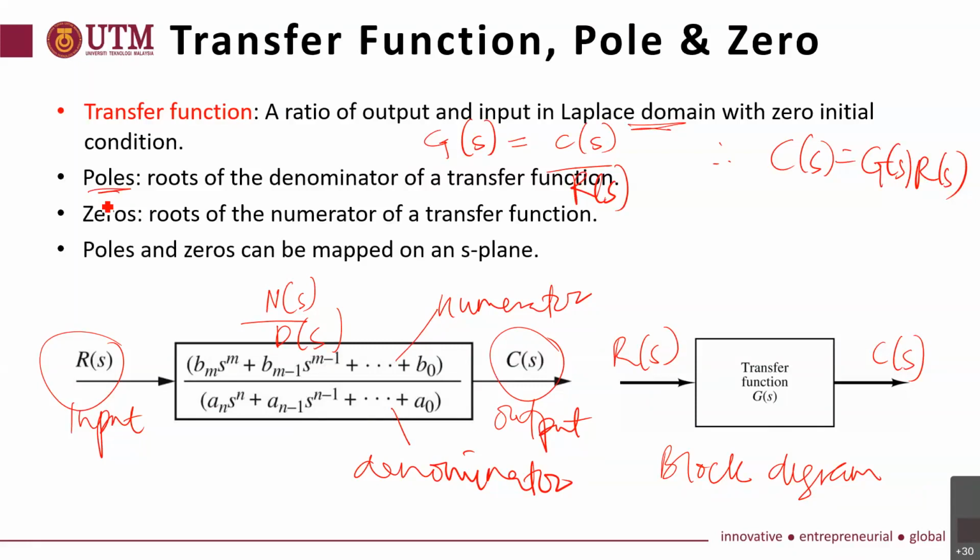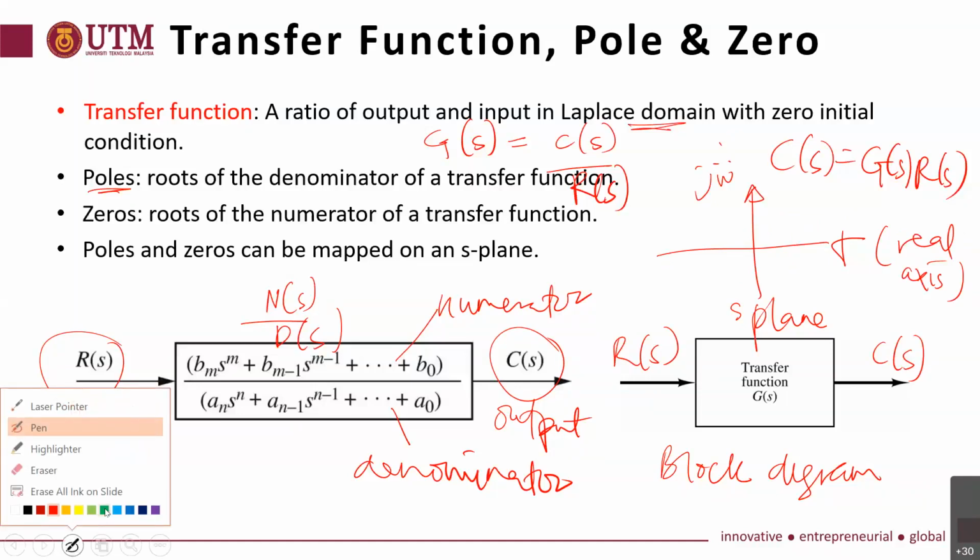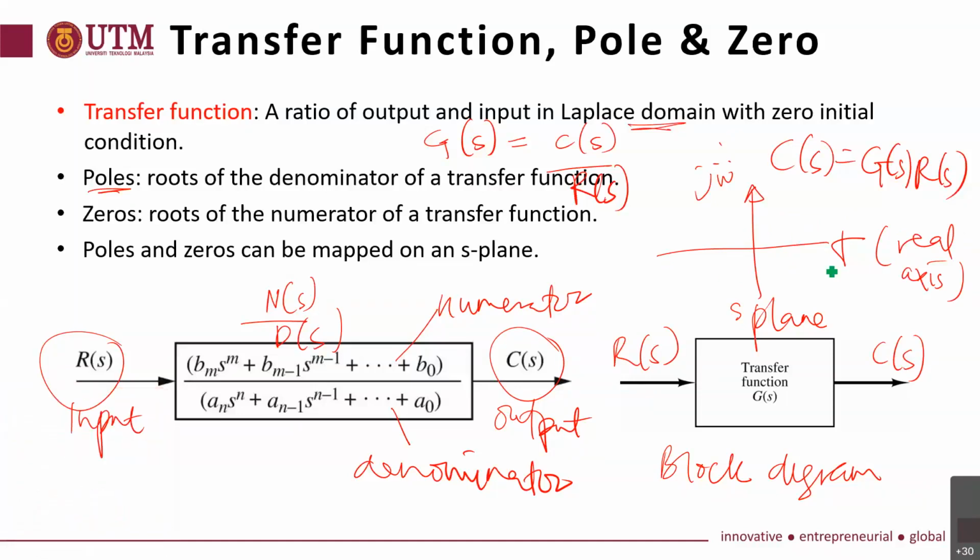And poles and zeros can be plotted on the S-plane. We have S-plane, we have sigma, which is the real axis, and we have j omega, the imaginary axis. So we can plot the poles on the S-plane, for example, like this, like this.